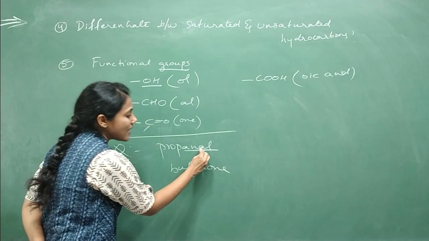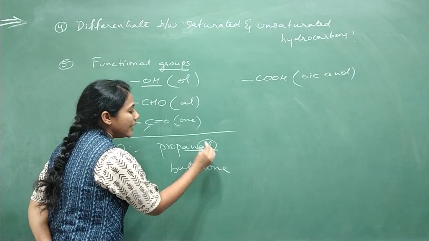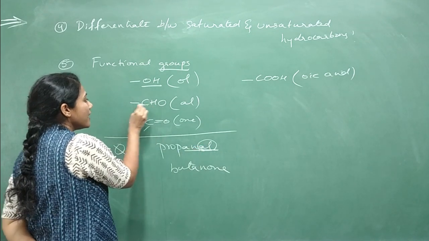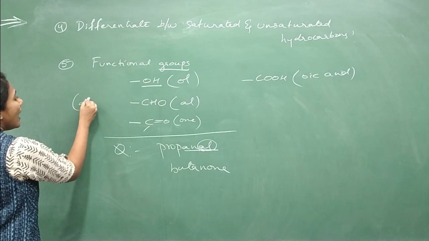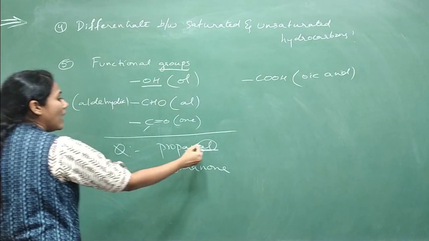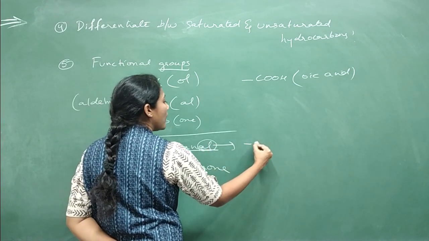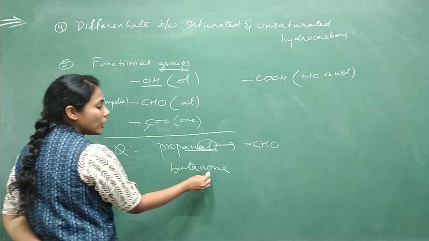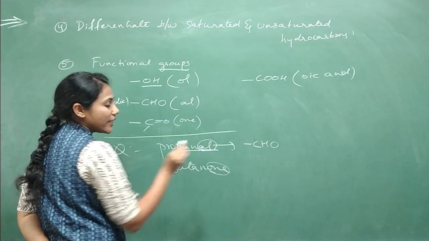Just look at the last letters, guys. Al is there. Al means CHO. CHO is also called the aldehydic group. So what is the functional group present in propanal? It is the aldehydic group. How do you write the aldehydic group? CHO group.